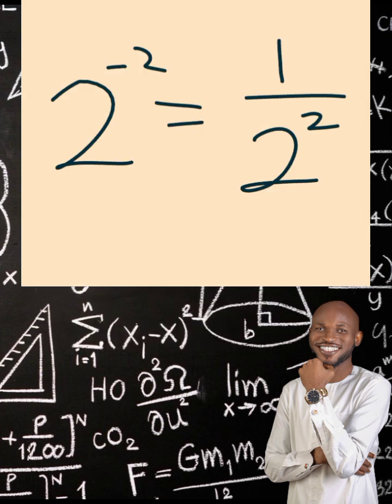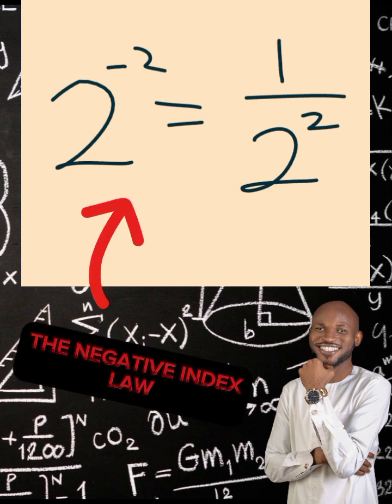But by division law, it gave us 2 raised to the power of minus 2. Therefore, we can now say that 2 raised to the power of minus 2 is equivalent to 1 over 2 raised to the power of 2.